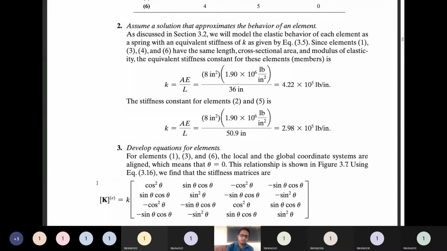Now you have to see what we derived yesterday, the stiffness matrix. If you have revised what we studied yesterday, you must remember this matrix that you can see at the bottom of the page on the screen. The stiffness matrix is represented by capital K equals small k, where small k is the magnitude you have calculated here.